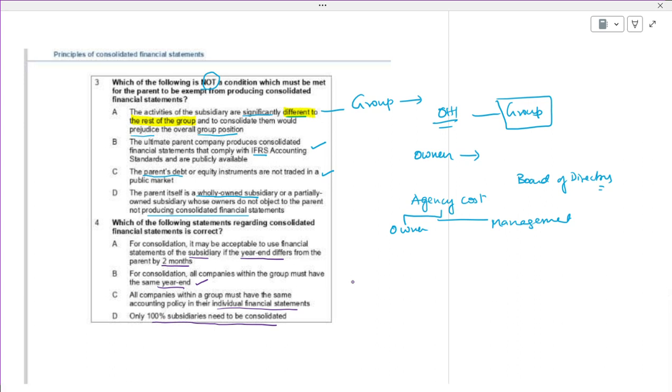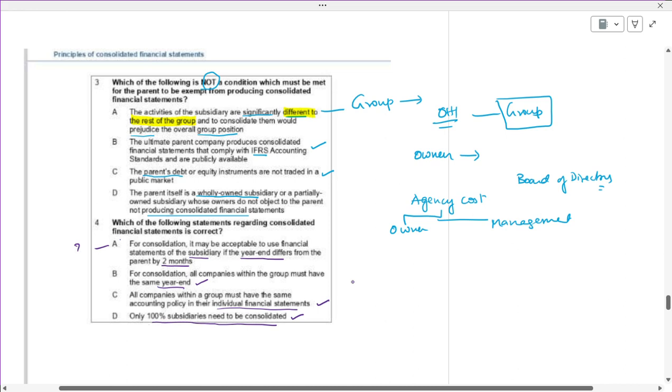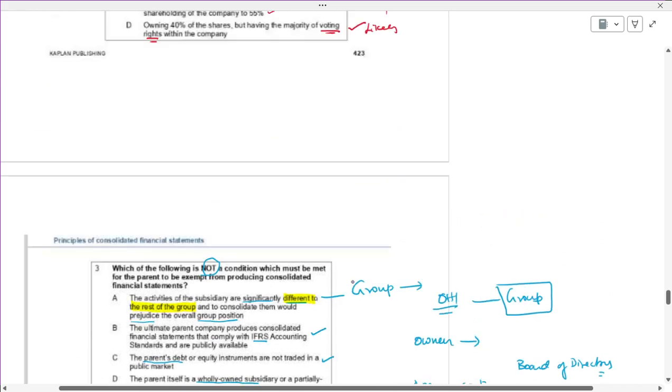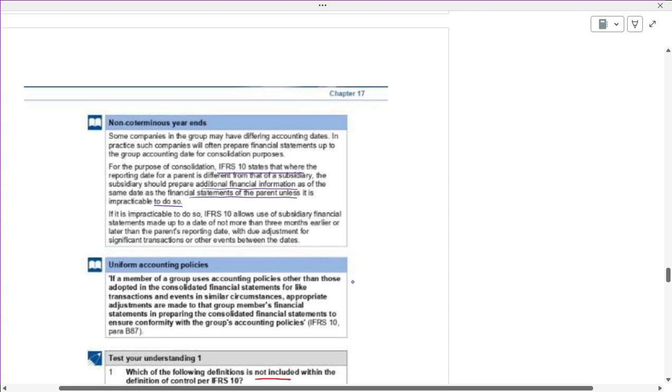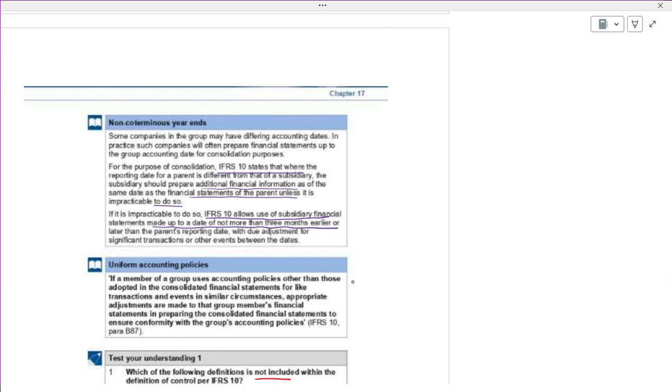All companies within the group must have the same accounting policies in their individual financial statements. Only 100% subsidiaries need to be consolidated. Is it? Somewhere there is a doubt here. We have to get the evidence for that. IFRS 10 allows use of subsidiary financial statements made up to a date not more than 3 months earlier than the reporting date, with due adjustments for significant transactions or otherwise.